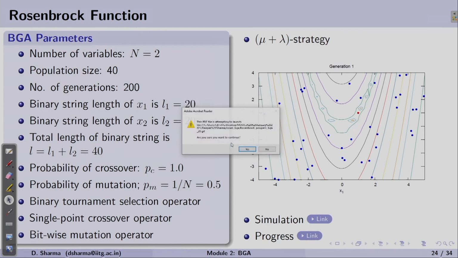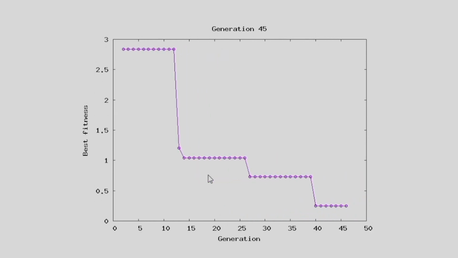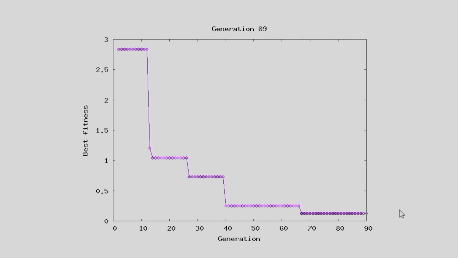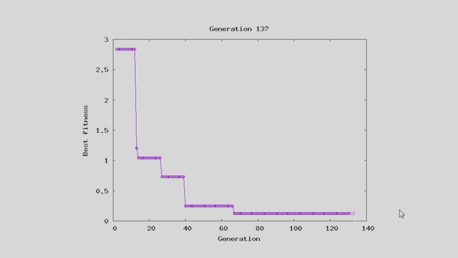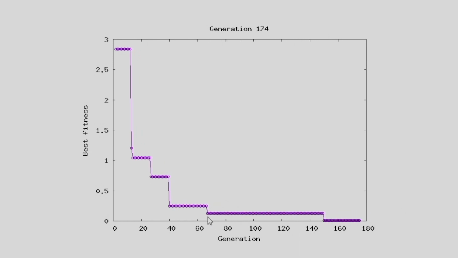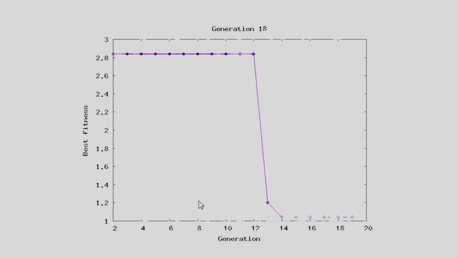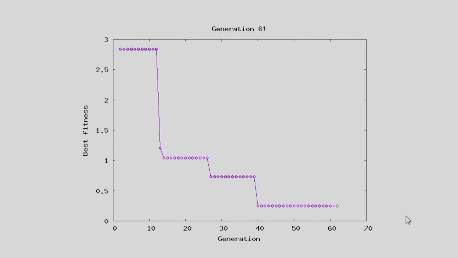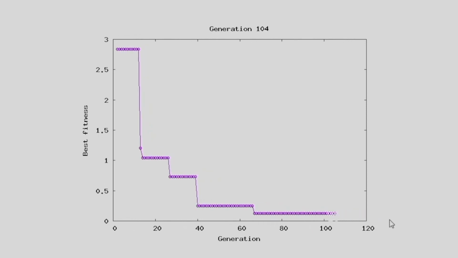Let us see the progress now. We have a drastic improvement here, and with the number of generations, the best fitness in the population keeps on improving. Just before 70 iterations, we found that the best fitness remains the same, and after a few more generations, let's see one more time here.